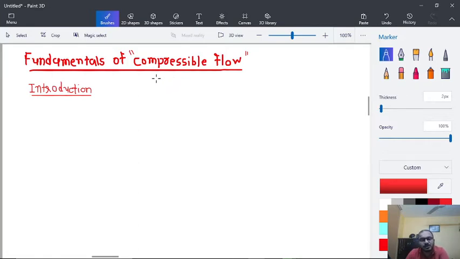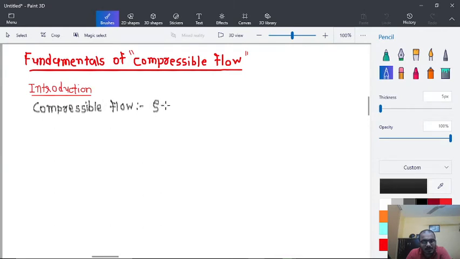The incompressible flow was defined as when the density remains constant for a fluid, and in case of compressible flow, the density does not remain constant.